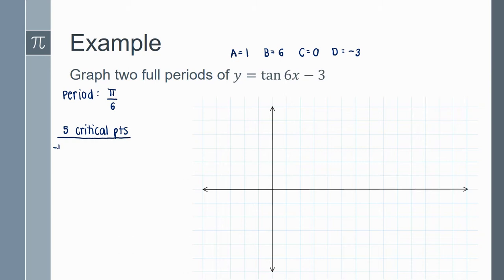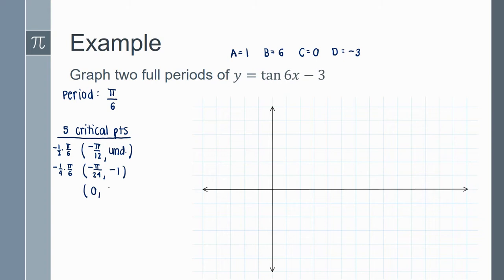So remember, we want -1/2 times the period, which is pi over 6. So when I multiply those straight across, we get -pi over 12, and that's where we're undefined. Then I want -1/4 of the period. So multiply straight across, we get -pi over 24. And then I want the opposite of A, so -1.